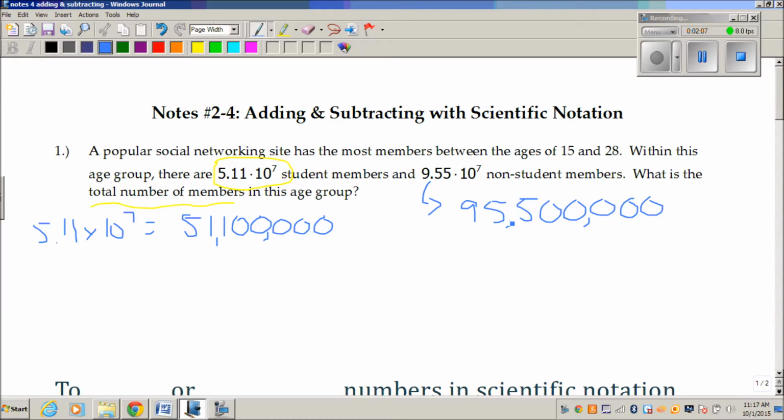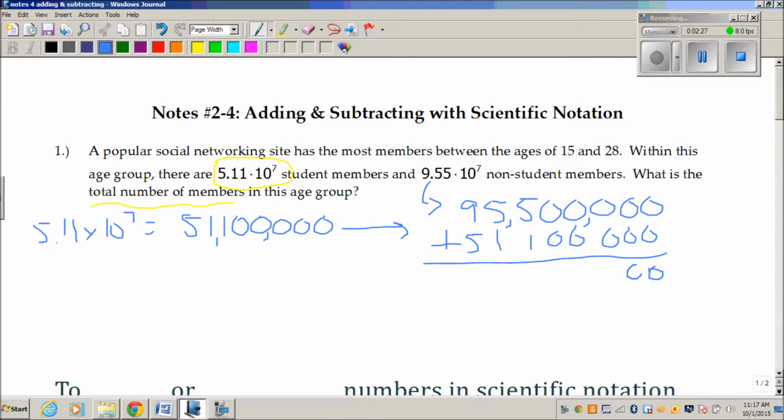I see this is 95,500,000. This is 51,100,000. So I can just line up the decimal places so I have the same place values, and then simply add them together.